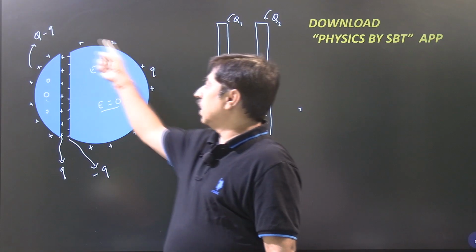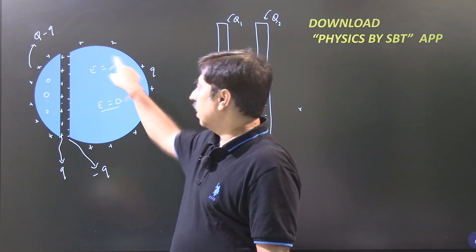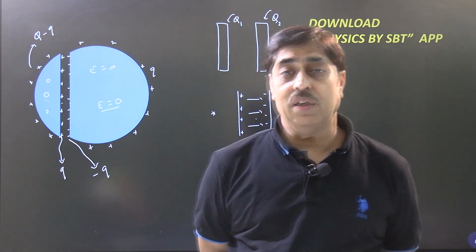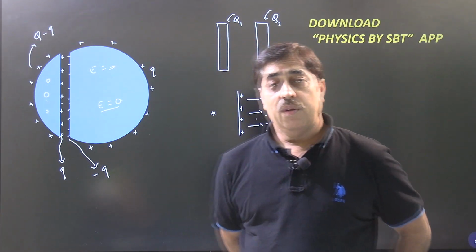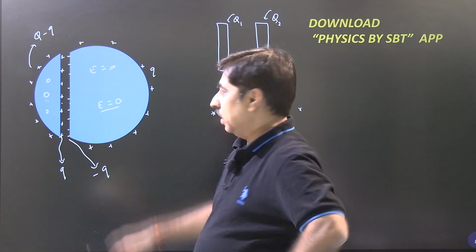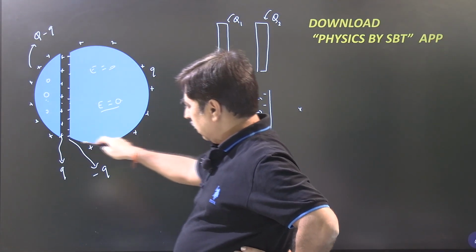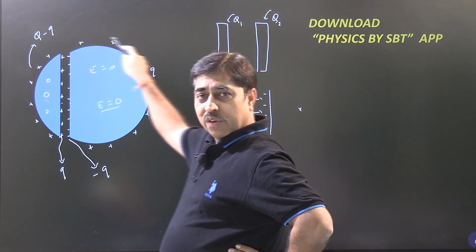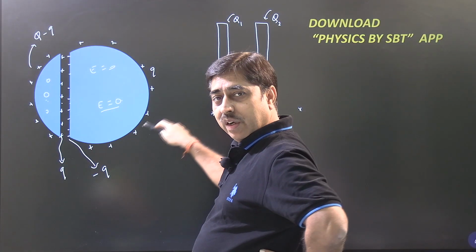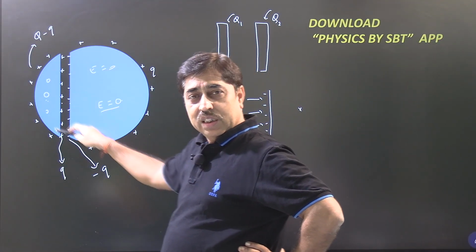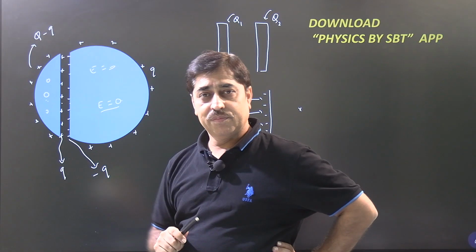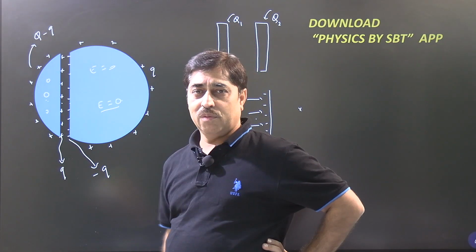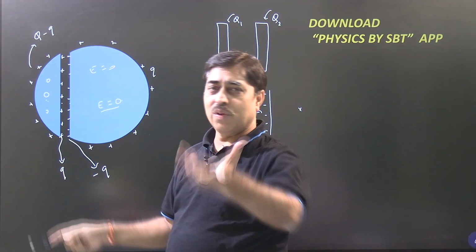So because of this charge, the electric field here, here, here, here, here, here has to be 0, because at any point inside the metal, the resultant field will be 0, which implies that this entire charge is arranged such that it produces 0 electric field at all points inside the spherical surface. The total charge present on the surface is actually capital Q. This plus q, minus q, overall it is 0.